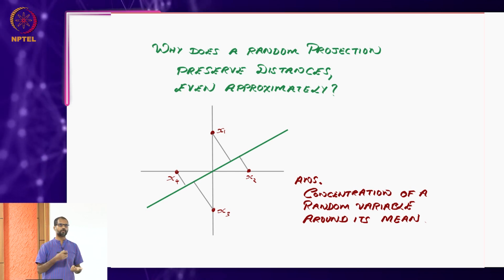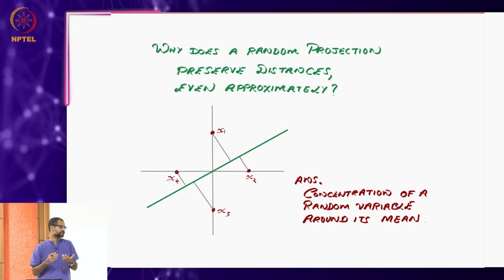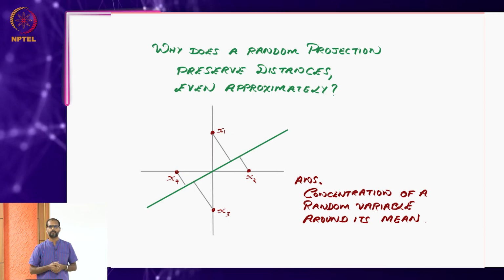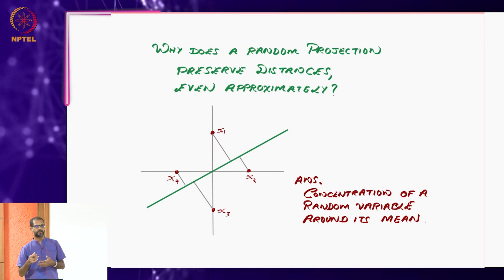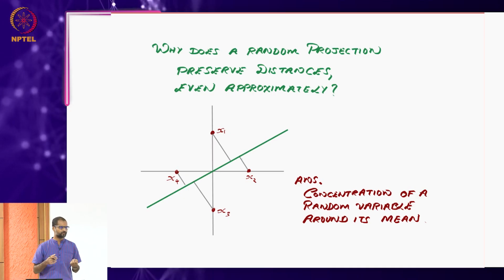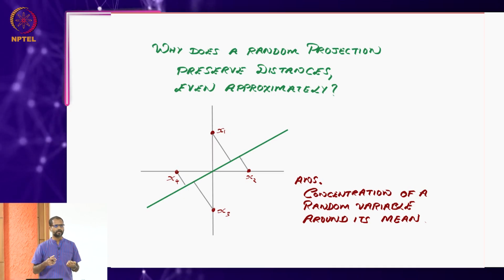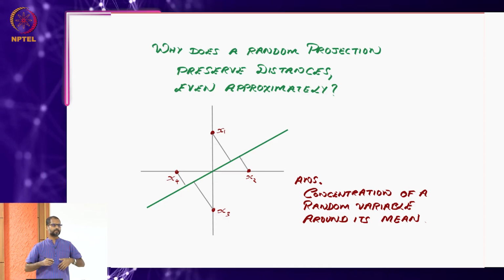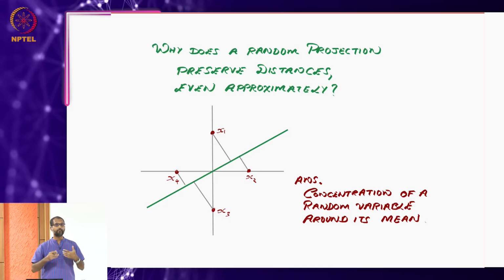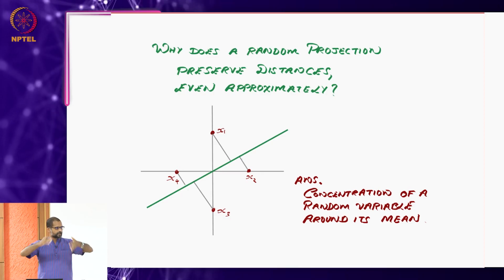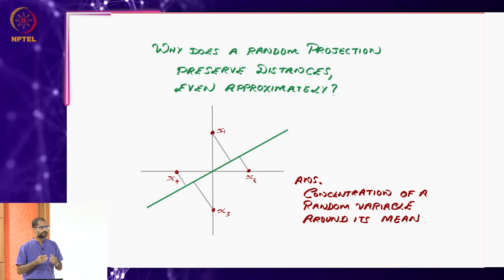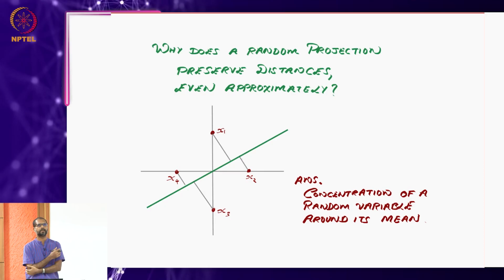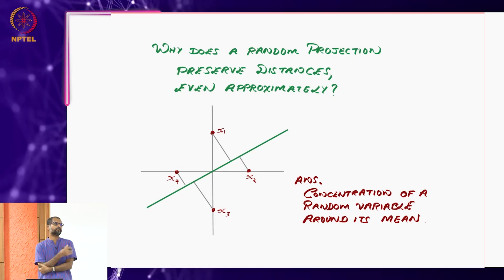You would have seen the Markov inequality, Chebyshev inequality, which give you very weak forms of concentration, and you would have also seen the Chernoff bound. Did you prove the Chernoff bound by any chance? You use that e to the power moment generating function. Yeah, so that Chernoff bound gives you way better concentration. It gives you exponentially decaying probabilities for the random variable to deviate further away from the mean.